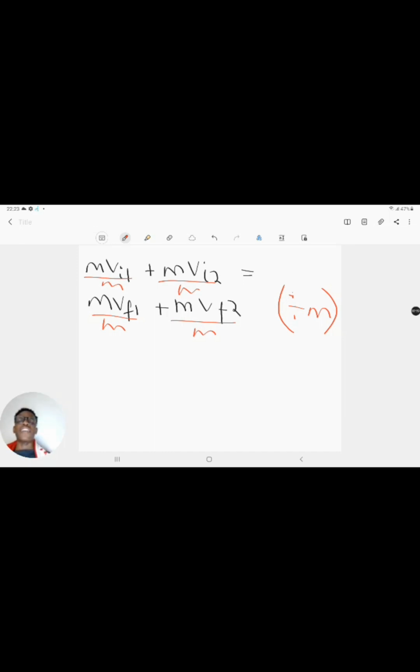I don't want to have three unknowns, because then I'm going to have to find a third equation to solve this thing. So I divide the entire equation by m, and I can do this because every term has an m in it. So this m and that m will cancel, and likewise for each of the other terms.